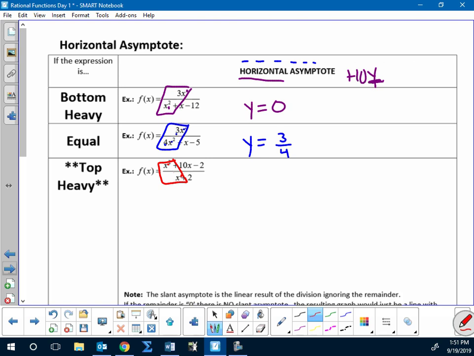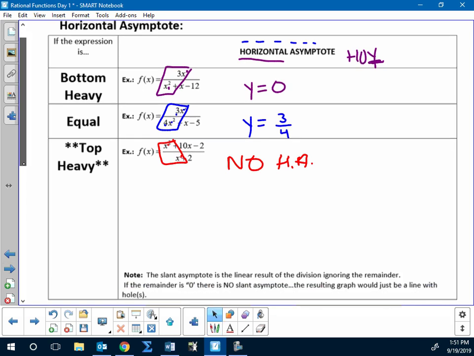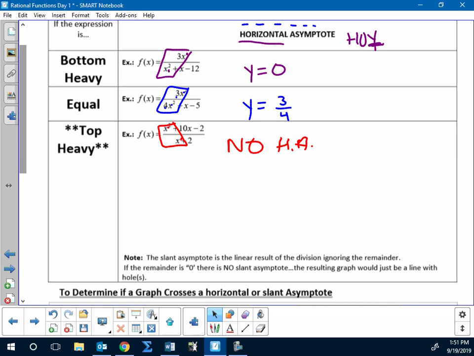Okay, so because she's not relevant and no one knows who she is, there is no horizontal asymptote when the graph is top heavy. Now, your Algebra 2 teacher probably taught you that, but if there's no horizontal asymptote, there's this crazy thing called a slant asymptote.